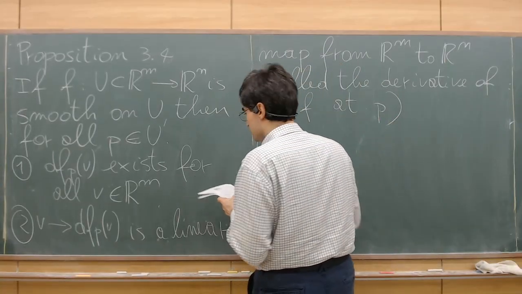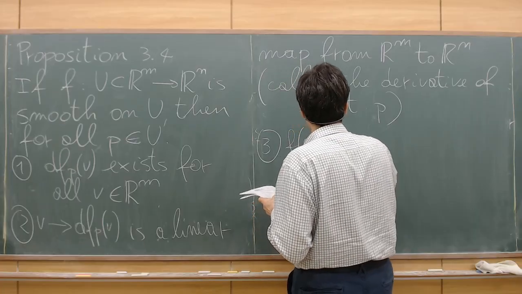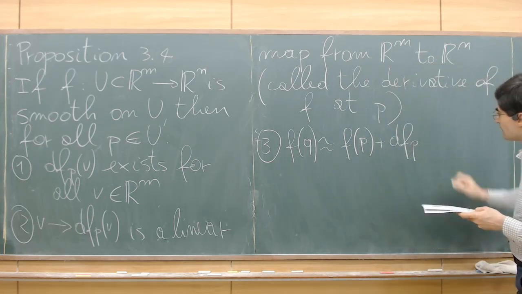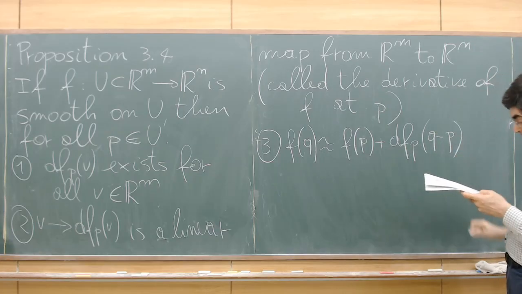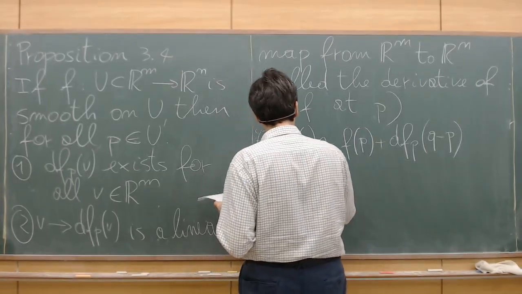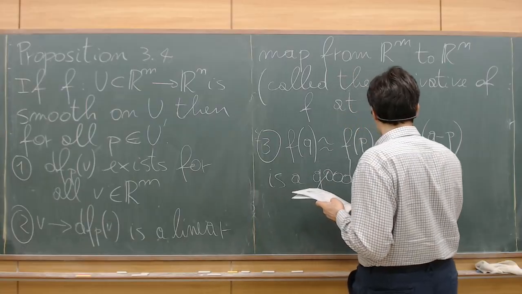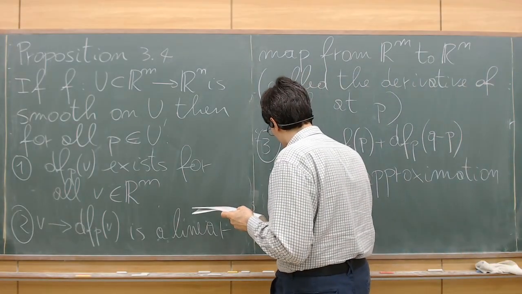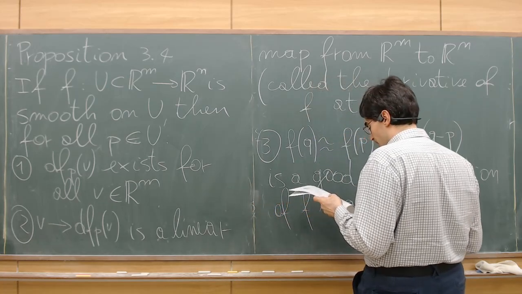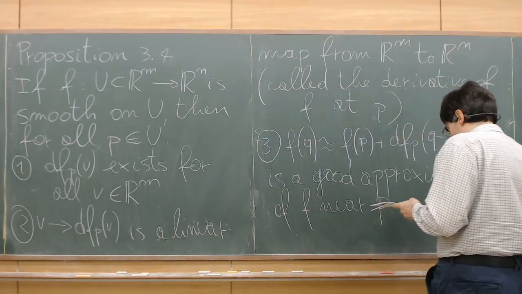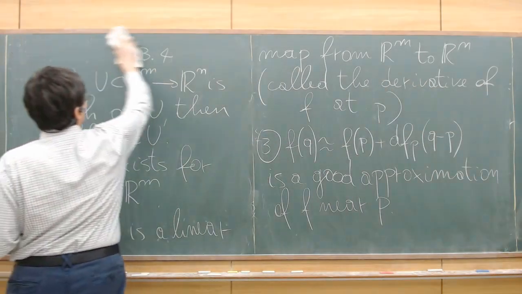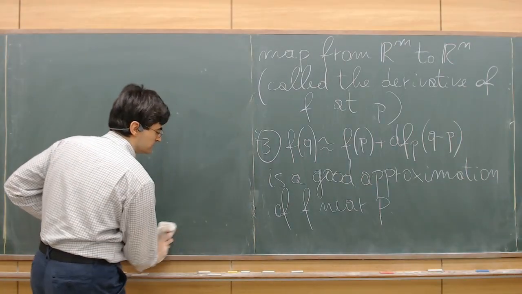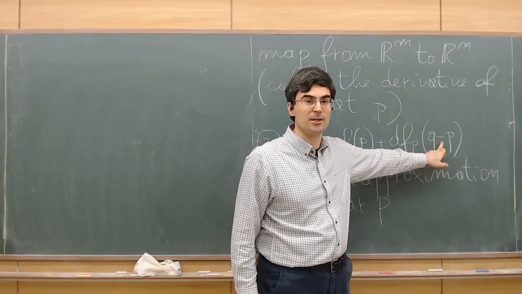And number 3, F(q) is approximated by F(p) plus dF_p evaluated at q minus p, and this is a good approximation of F near P. Please observe that in this formula, q minus p must be interpreted as a vector, okay?